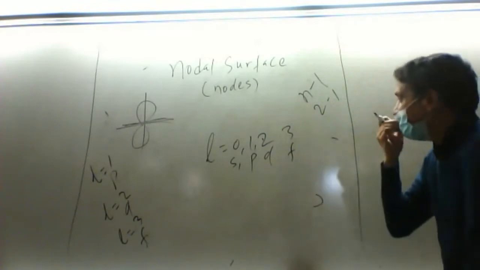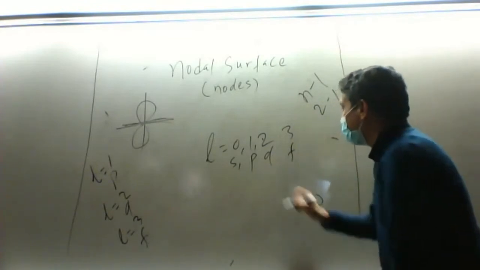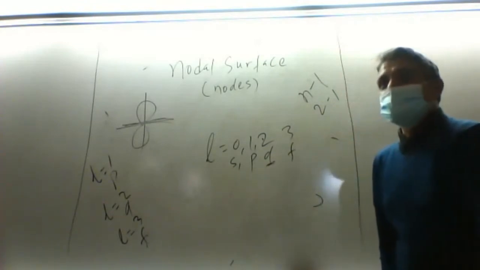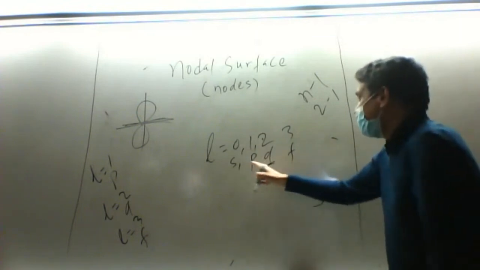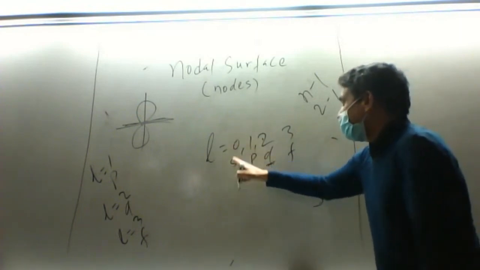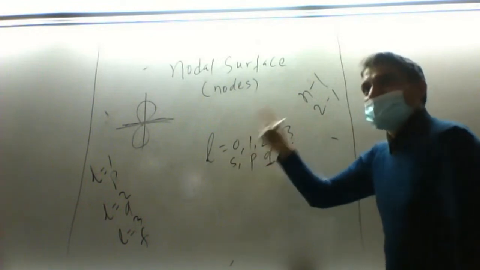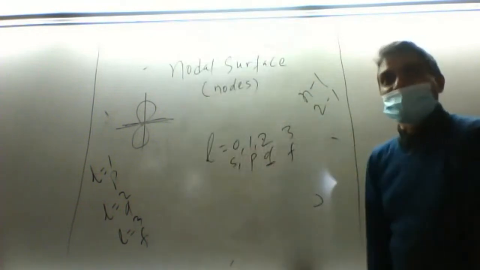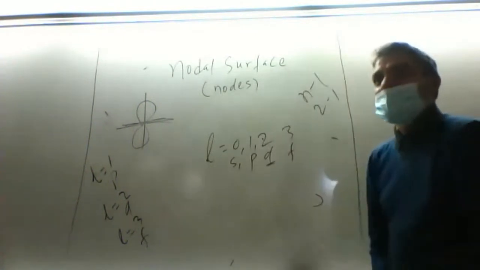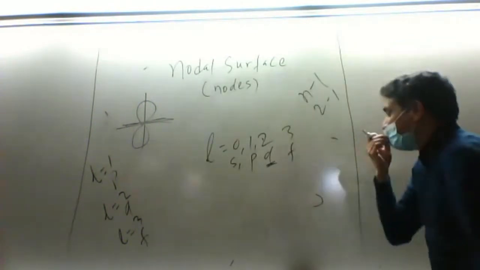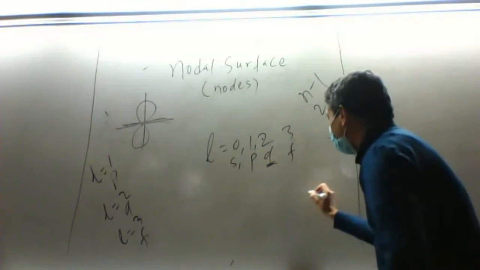So how many nodes are possible in the d orbital? It's 2, right? You see, the s orbital has a 0 value, so no node is possible. The p orbital has 1 value, so only one node is possible. I already showed you by holding the paper, right? And then the d orbital is a little complicated to visualize.